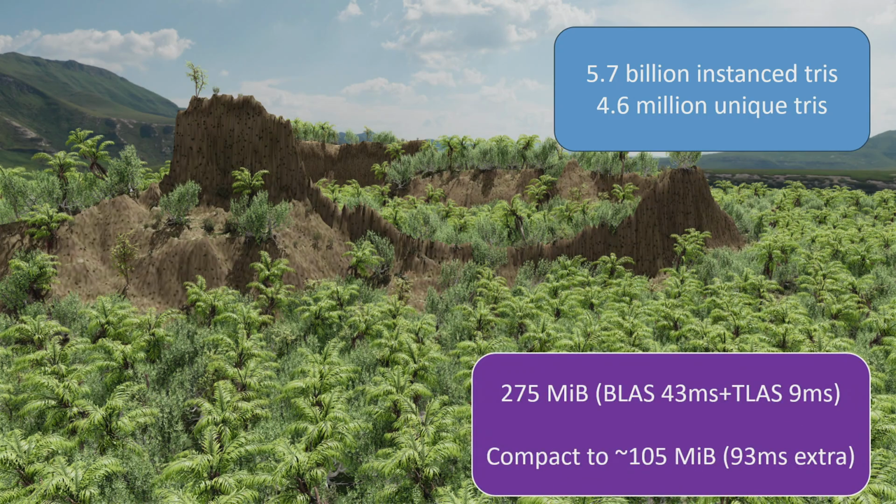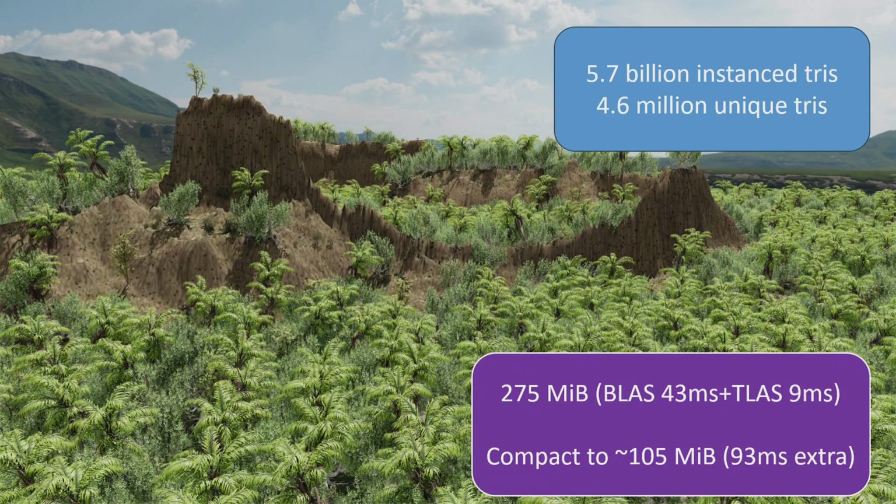Now, I asked Thomas, my PhD student, for these numbers, and what he discovered while looking at this is that very recently another Vulkan extension appeared that lets you compact these structures further. So by default, you get something that would be 275 megabytes, at least on the version of drivers and graphics hardware that he tested on.